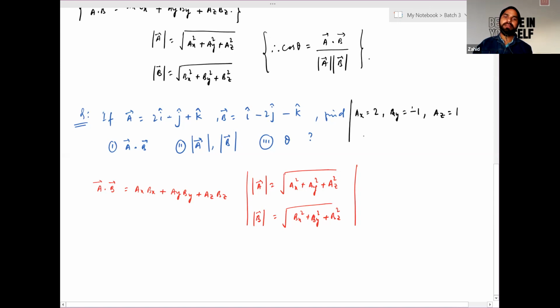Similarly, for vector b, bx will be 1, by will be -2, and bz will be -1. Good, Sabita. Just put these values to get a dot b.